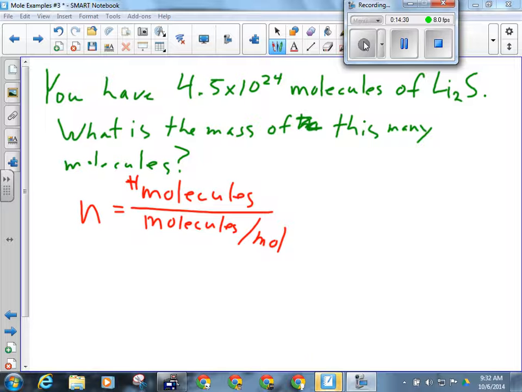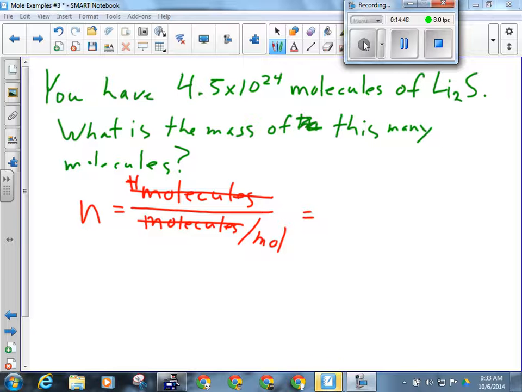Everyone follow me there? If I divide those two things, what cancels? Molecules divided by molecules per mole. What am I left with? Moles. Is that the units for n? That's why we do it this way.